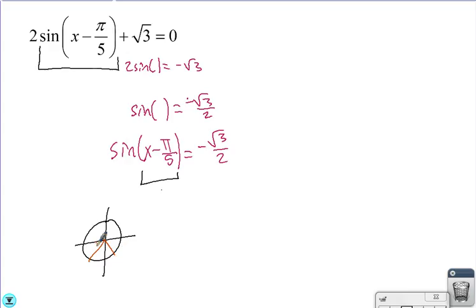So now we will place the angle around the x-axis. If we have a positive result, the angle between 0 and 90 degree, like 30, 45 or 60. Sine of which angle makes root 3 over 2?